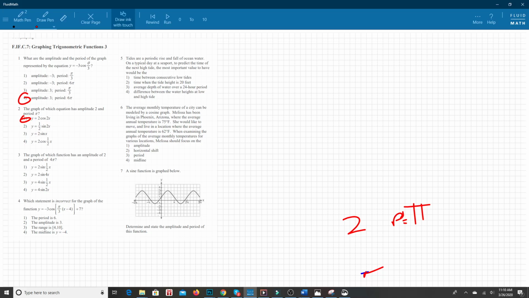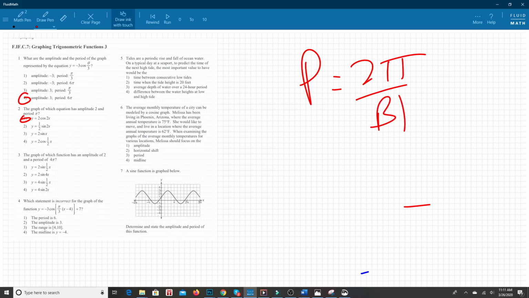So we want a period of 4 pi this time. Again, let's go back to our formula. P equals 2 pi over B. We want a period of 4 pi, so that means we need it to have a B value of 1/2.